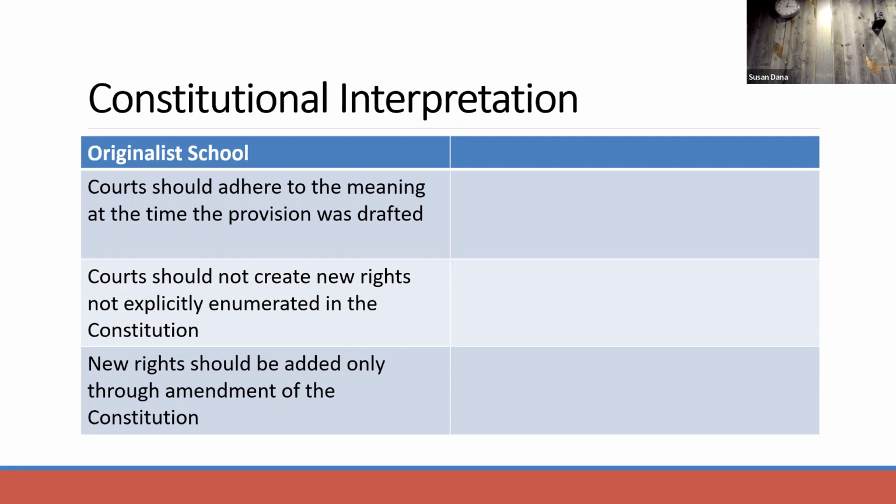If we want to add more rights into the Constitution, great, we can do it through the amendment process. It was written for that. That's in the Constitution, with the expectation that rights might change.